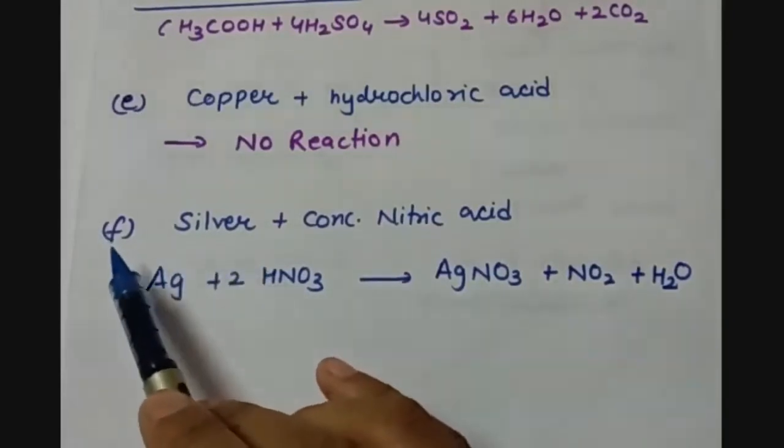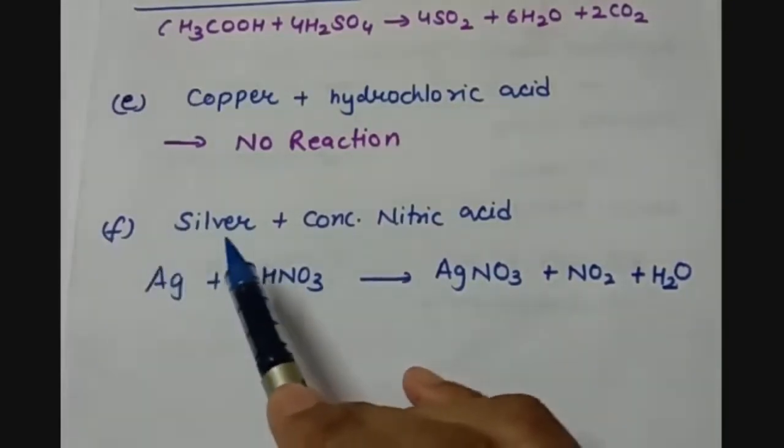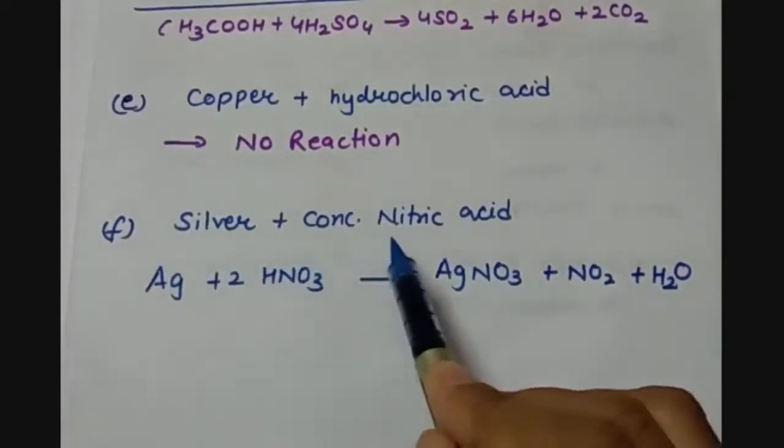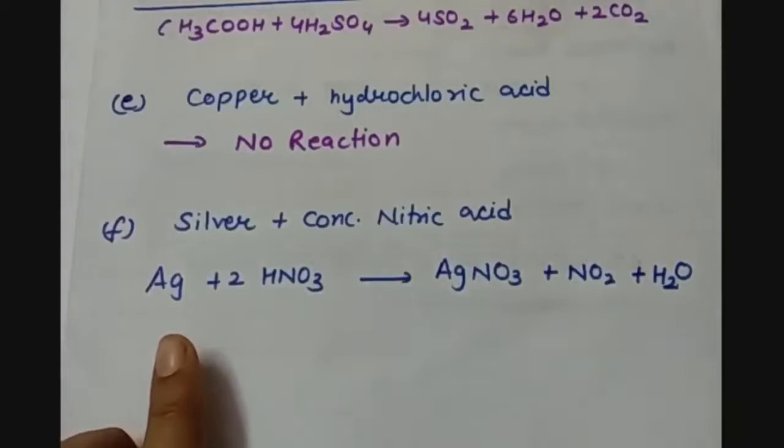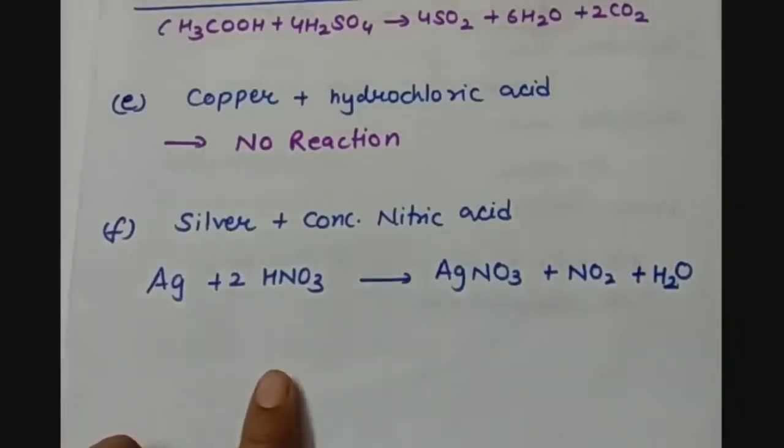The next part of this question: silver when it reacts with concentrated nitric acid. Nitric acid is a strong oxidizing agent, and when silver metal reacts with nitric acid, it forms silver nitrate, nitrogen dioxide and water molecule.